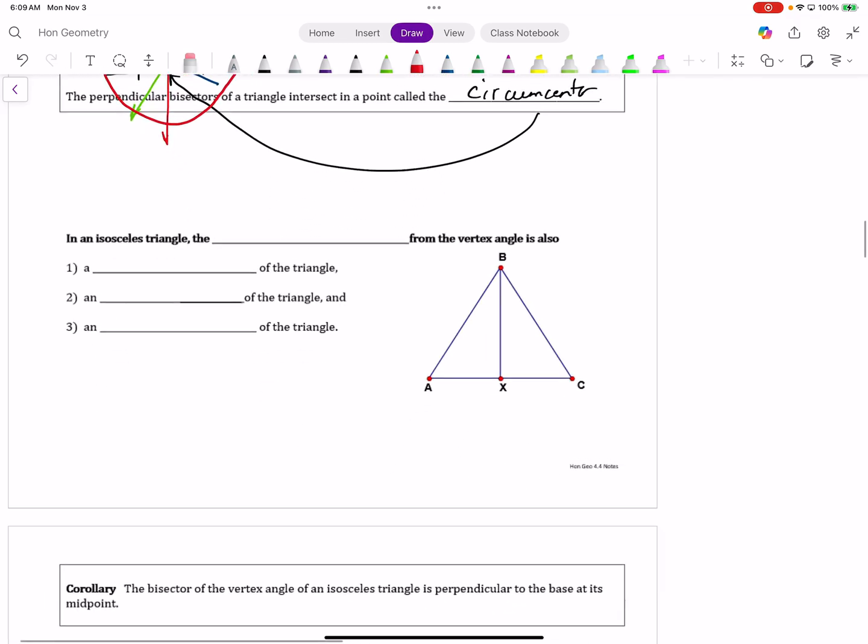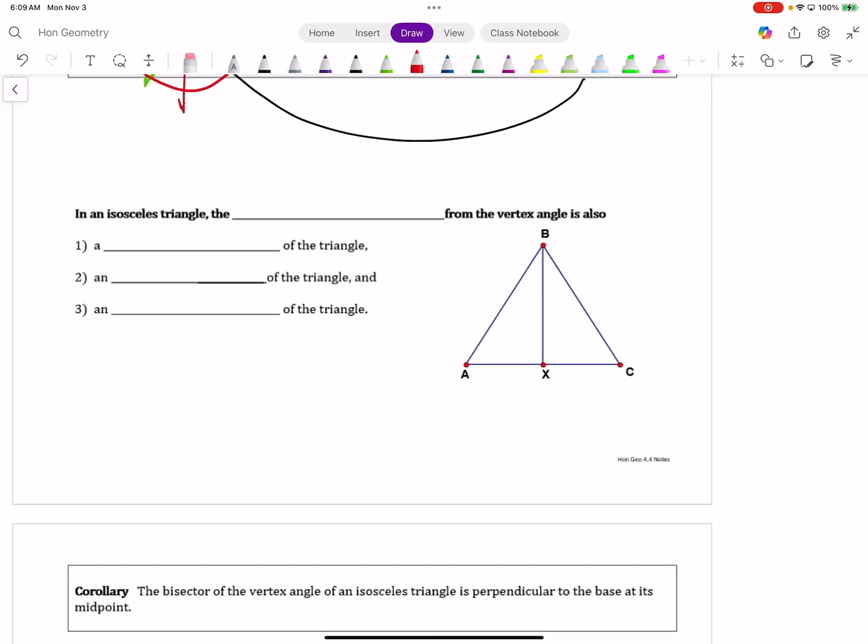Okay. But, so in an isosceles triangle, the perpendicular bisector from the vertex angle is also the, okay, so if we have an isosceles triangle, here's our two legs. I know that those are the legs because they told me I need a perpendicular bisector from the vertex. And this thing's drawn. It only shows one added segment that could possibly be a perpendicular bisector.